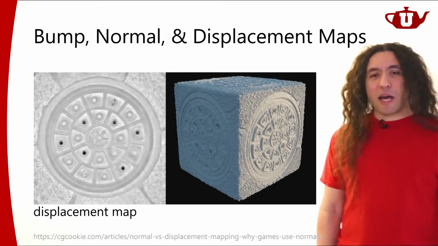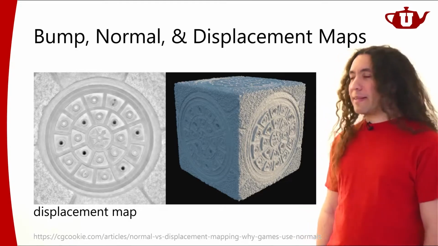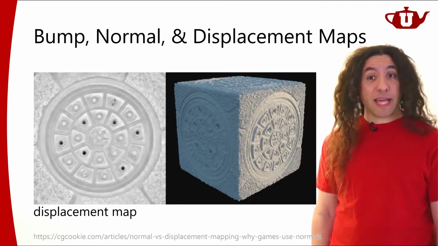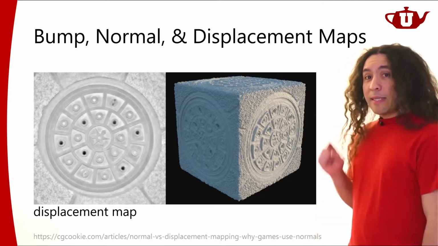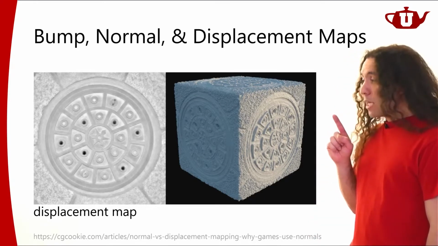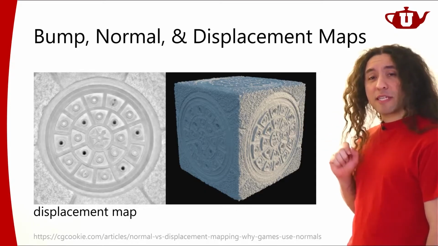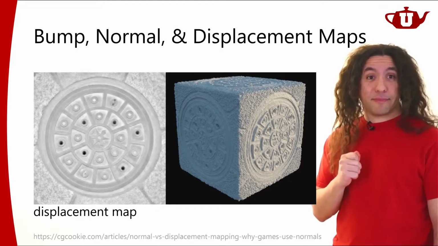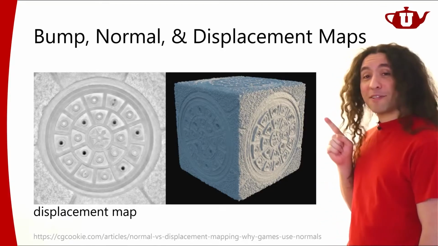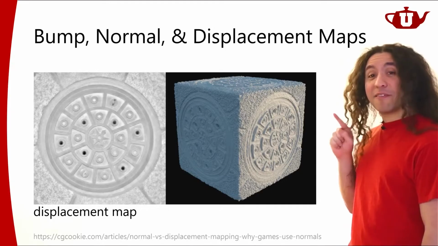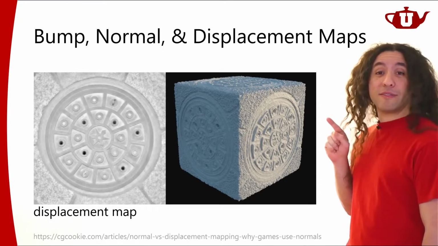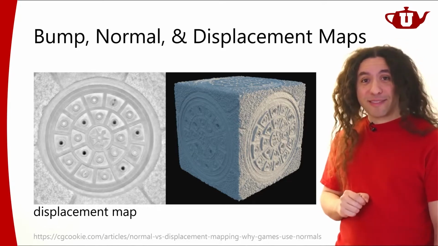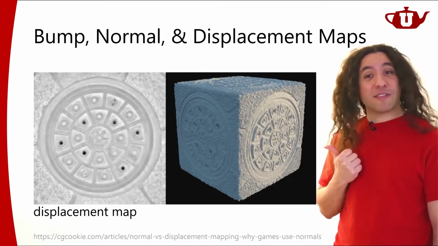Now, this discussion of normal mapping and displacement mapping is a little misleading, so I'm going to fix that part right now. Displacement mapping, just modifying these vertex positions, is not enough. Let me say it again. Just modifying the vertex positions is not enough to produce this image. If you just modify the vertex positions, you will not see any of these surface details.